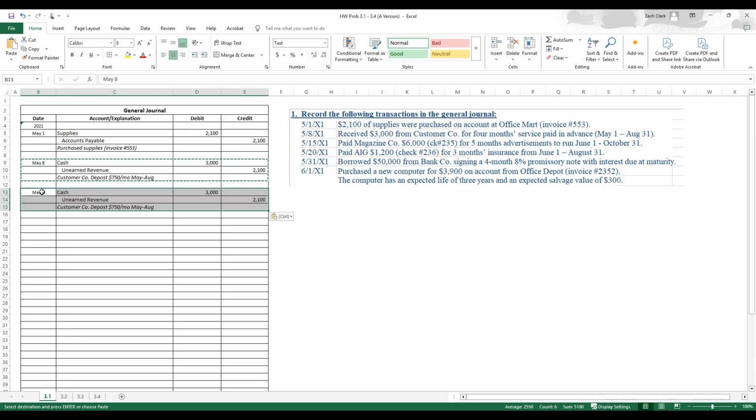And remember, these are all the initial transactions, and then we are going to make the adjusting entries as of June 30th, assuming that we have not made any adjustments in May or June up to that point. So this is just the initial transactions being recorded, not the adjusting entries yet.